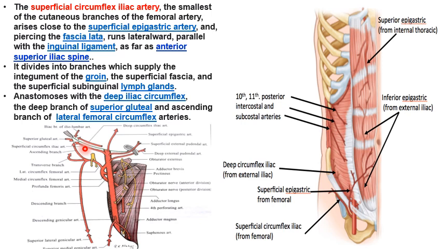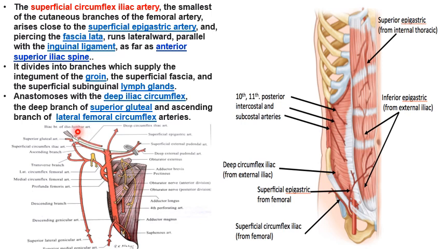So the spinous anastomosis is formed at the anterior superior iliac spine, formed by the superficial circumflex iliac artery, which anastomoses with the deep circumflex iliac artery, a branch from the superior gluteal artery, an ascending branch from the lateral circumflex femoral artery, and a branch from the iliolumbar artery.